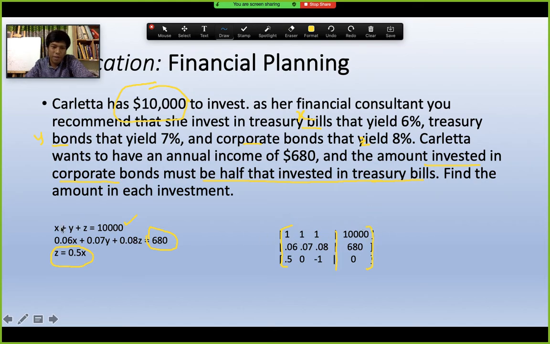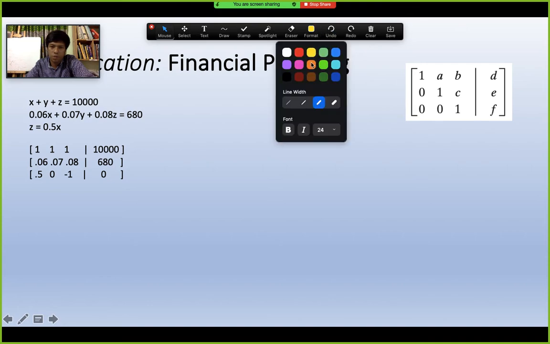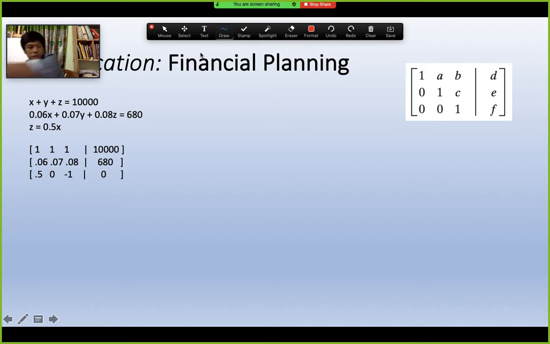So in augmented form, you have 1 here, 1 here, then 10,000 here. All these values without the variables. Okay, so we get this line. So now let's try to solve this from here. So we have it here once again, so that we can solve. I'll need a calculator here.